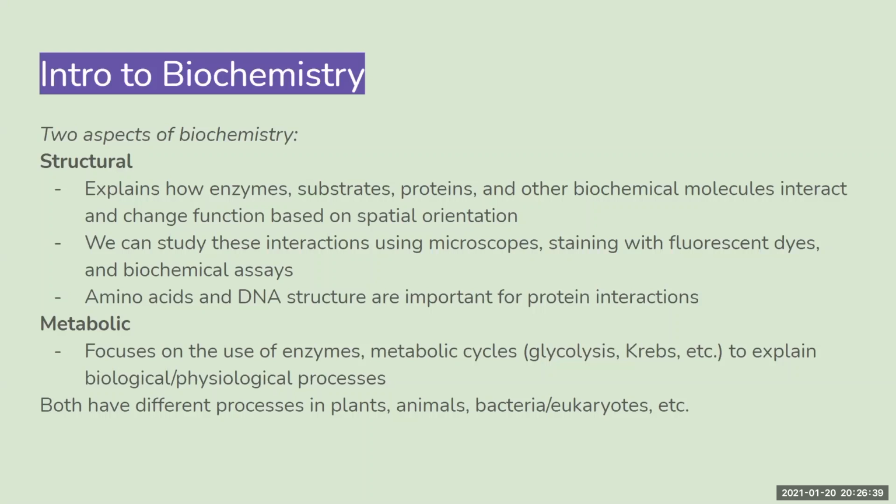So both of these have different processes in plants, animals, and eukaryotes. So it's very interesting to just know the general idea, and especially for humans, this is how we make a lot of scientific advancement and medicine and other fields of biology.